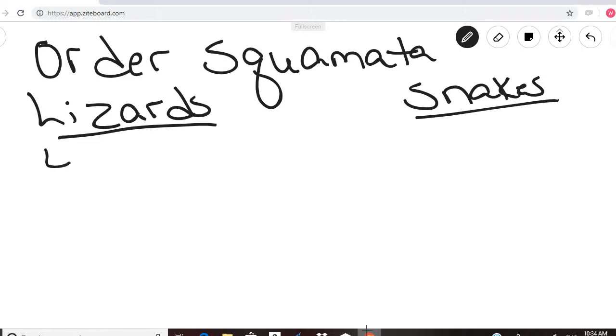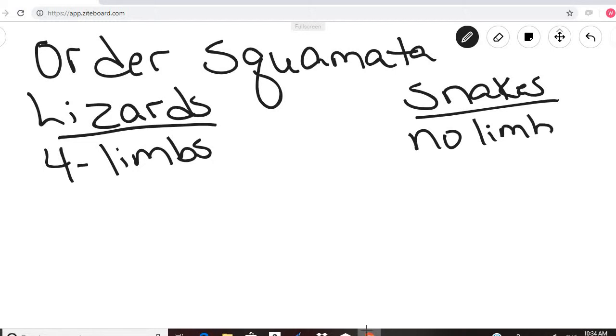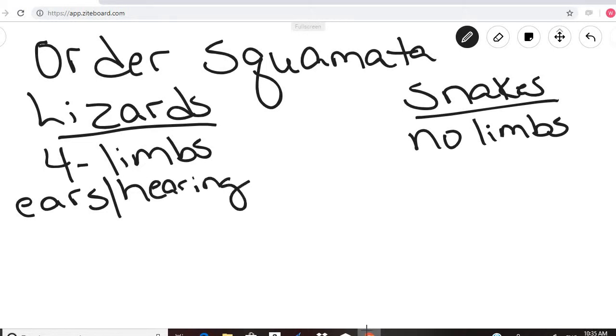Okay, so lizards have 4 limbs. Snakes, as you know, have no limbs. Lizards have ears and they can hear. Snakes are deaf.